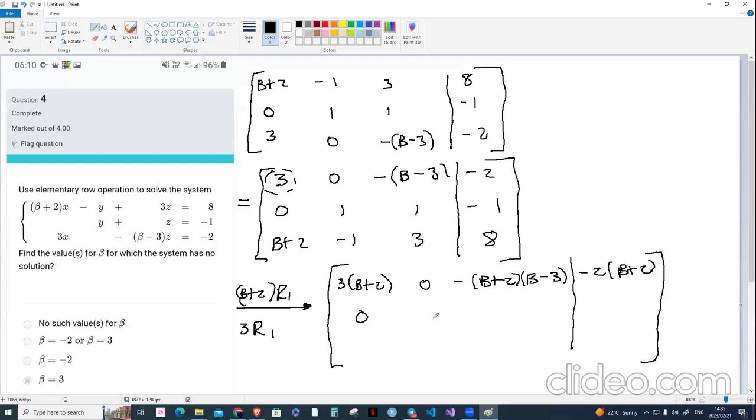We've got a 0 here, we've got a 1, we've got a 1, we've got a minus 1. And then here we're multiplying by 3, so it's going to be 3B plus 2. And then we've got minus 3. We've got 3 times 3, which is 9. Then we've got 3 times 8, which is 24. Right? And then we move along.